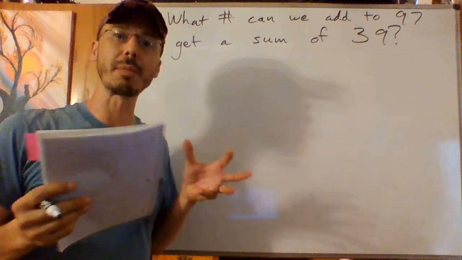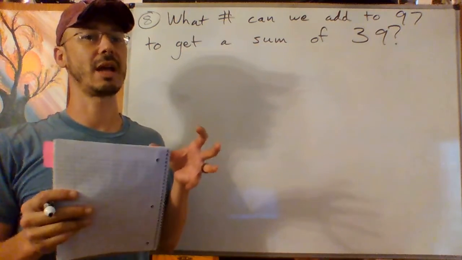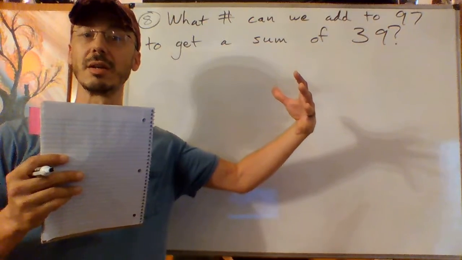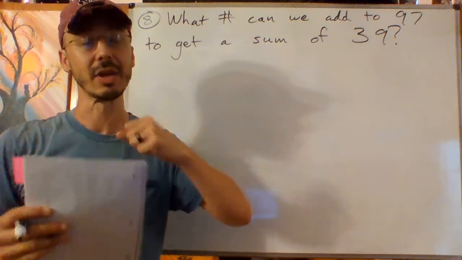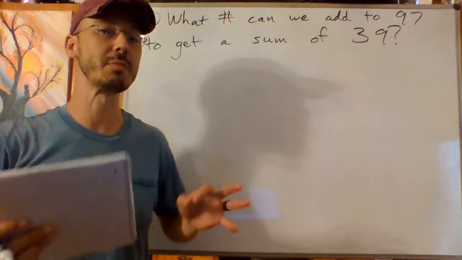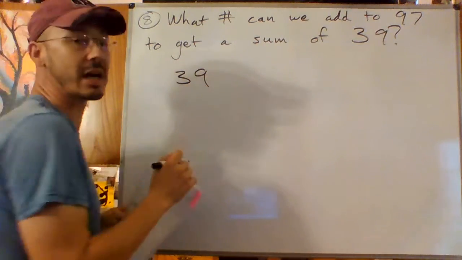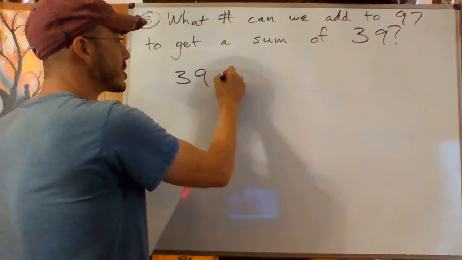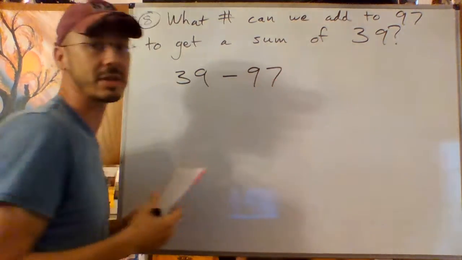And if you just think about positive numbers, this isn't going to work. You can't add something to 97 and make it bigger and get 39. We have to add a negative. And we can find what that negative is in more than one way, but the most direct way is to take 39, the result that we want, and subtract the 97.